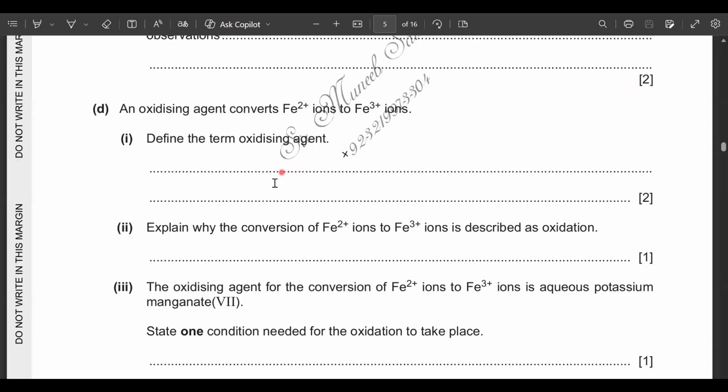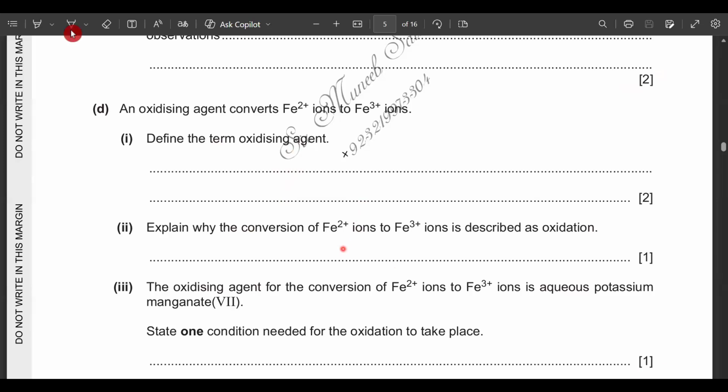So we remember an oxidizing agent is that species which is itself reduced and oxidizes the other substance. Something which is itself reduced but it oxidizes the other substance is called the oxidizing agent.